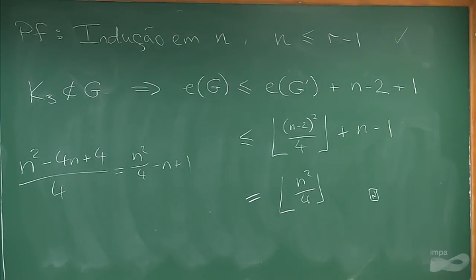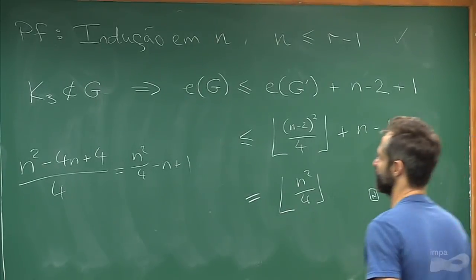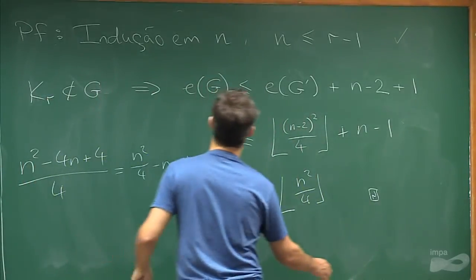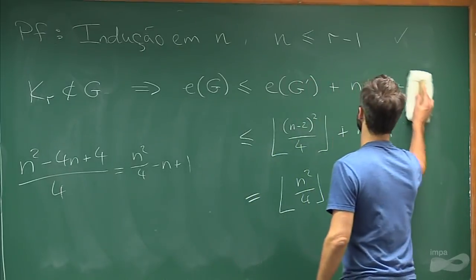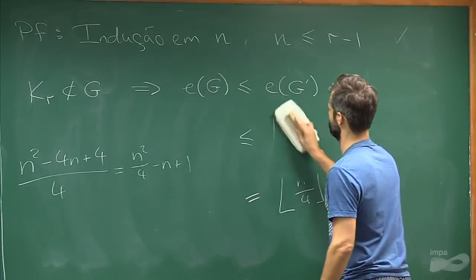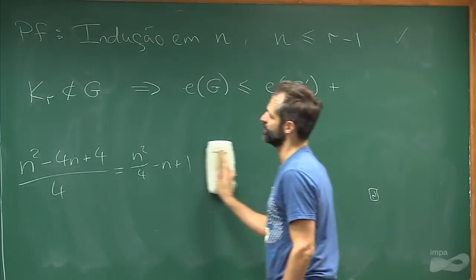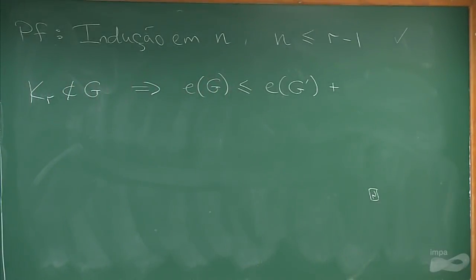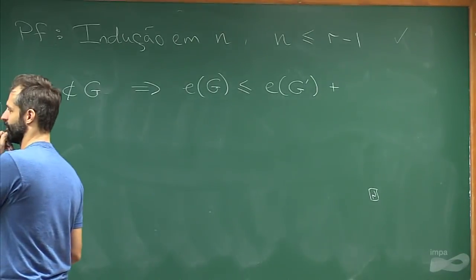So fine. Okay, suppose that Kr is not contained in G, then what should we do?